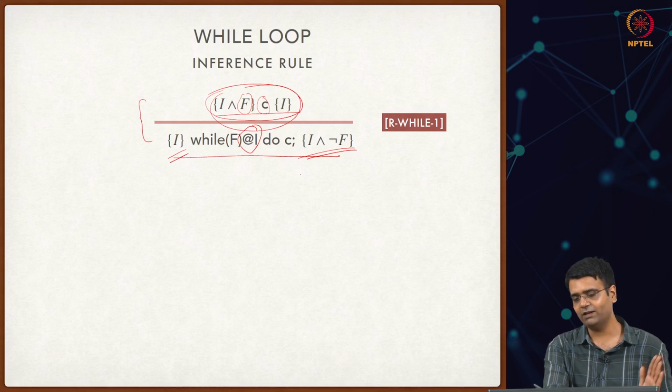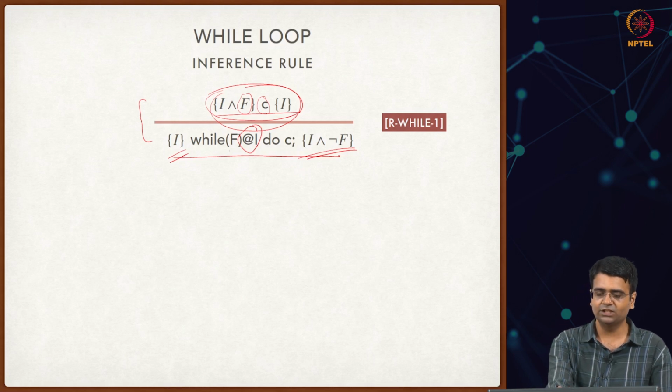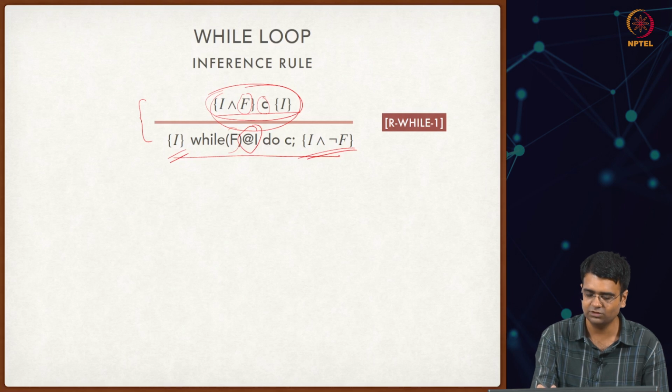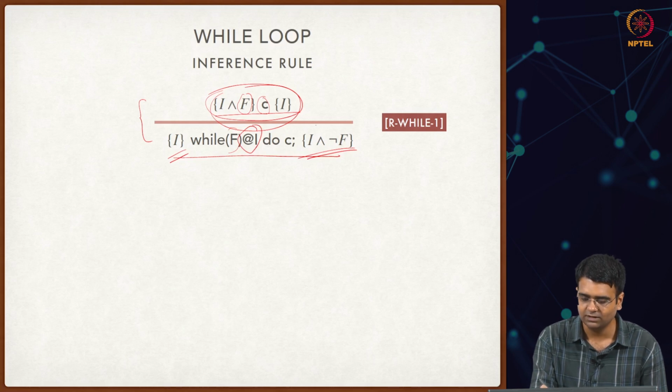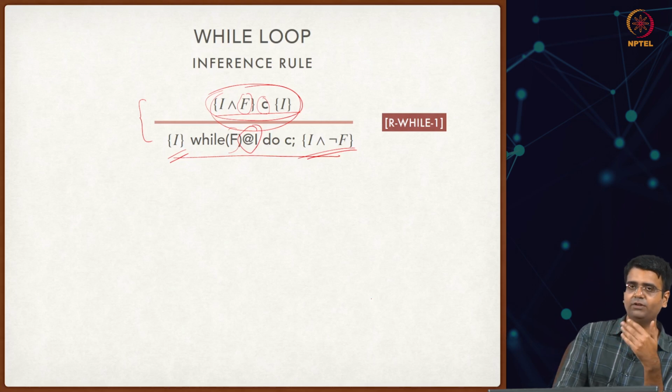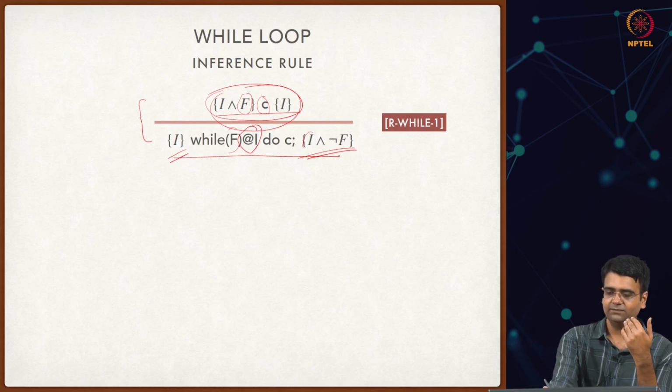And finally when you exit the loop, you will exit the loop when the loop condition is not satisfied. So all those states which will exit the loop will satisfy I and the negation of f. I know that all the states which can appear at the beginning of any iteration of the loop are in I, and out of all of those states, I will just exit with those states which satisfy the negation of f, because they will be the states that exit the loop.